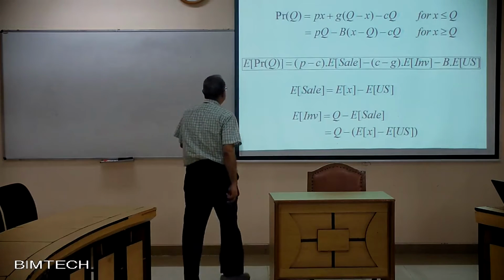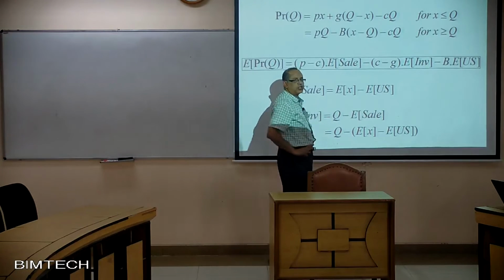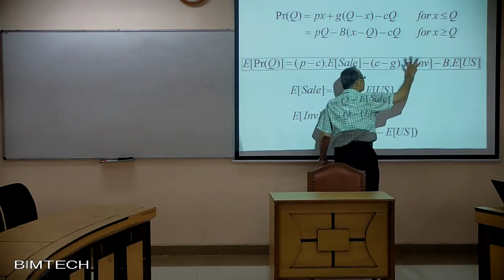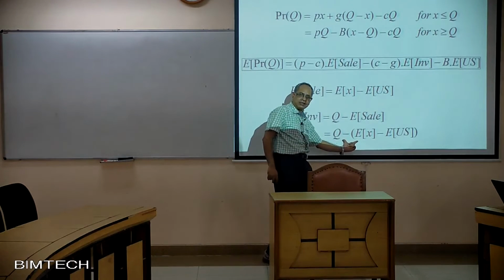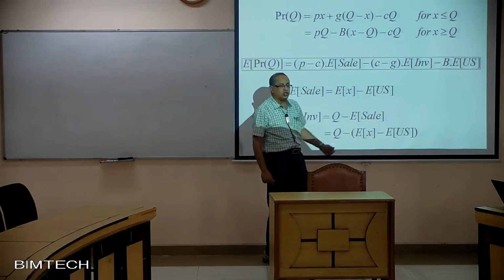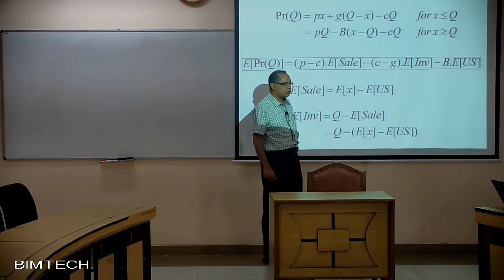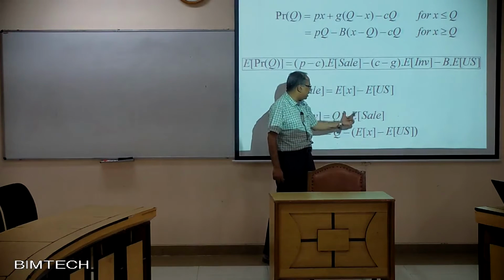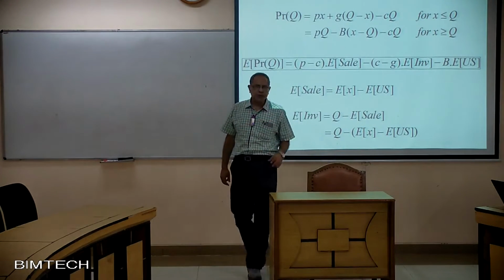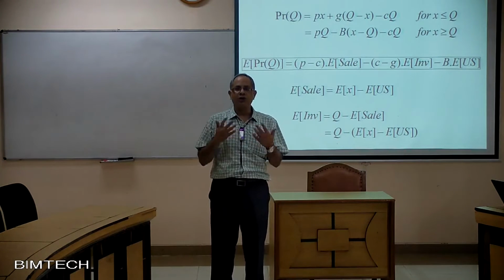Okay, so in this equation, let us substitute expected sale because expected sale is this, and let us substitute expected inventory because expected inventory is this. Now please note that expected sale and expected inventory have two mean values which we have to find: the expected demand and the expected units short. Expected demand is a no brainer because that is already given to us in a normal distribution.